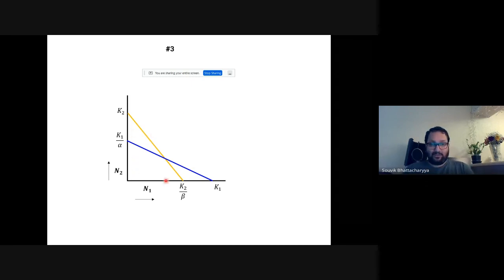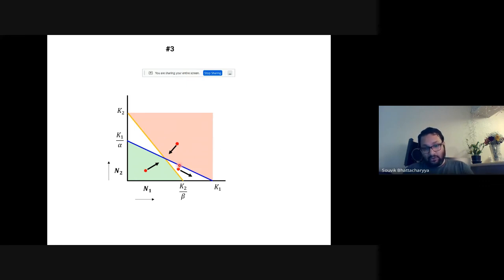Then there are 4 segments. In the first segment, this dot is below both of these lines. That means both of the species are going to win and will try to reach an equilibrium. This dot is above both these lines, so the species will lose and will try to reach an equilibrium towards the center. Same here.